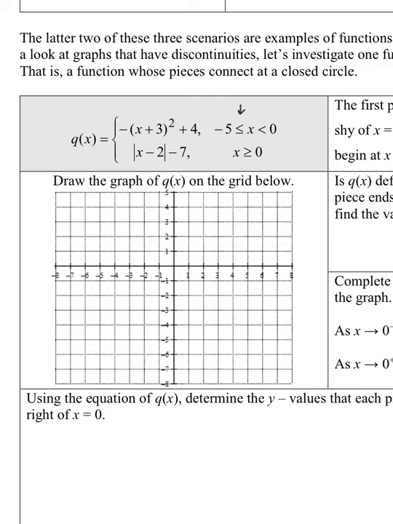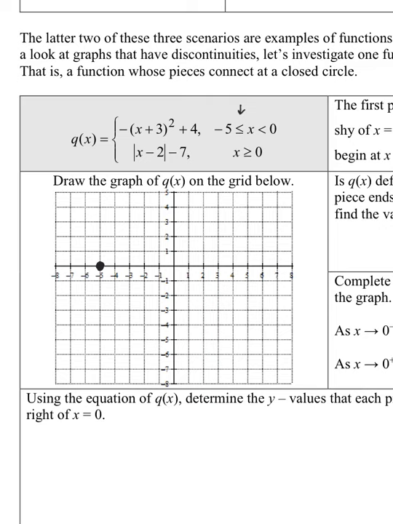Well, let's see. Negative 5 plus 3 is negative 2. Negative 2 squared is 4. Negative 4 plus 4 is 0. So we have negative 5, 0. And then we have negative 4. Negative 4 plus 3 is negative 1. Negative 1 squared is 1 times negative.